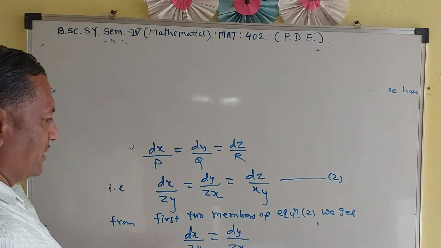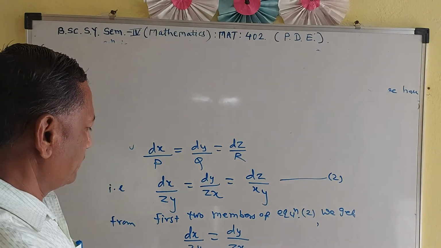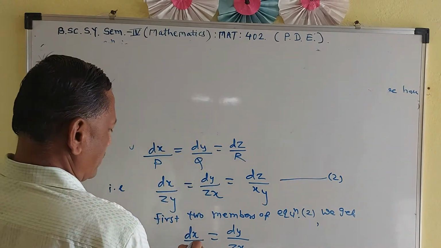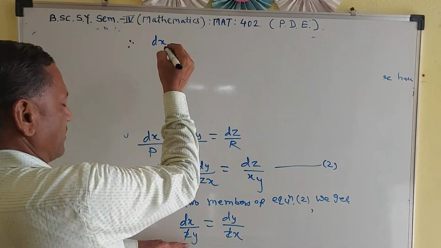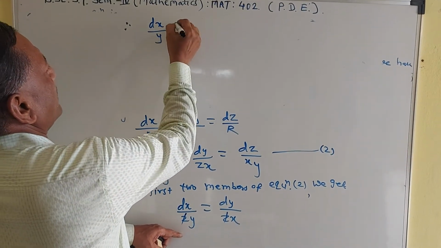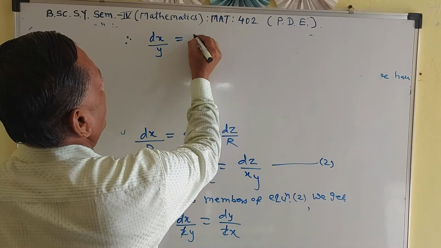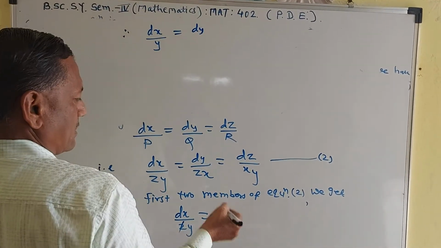Now here you see that z is on both sides, so z cancels. Therefore, dx upon y is equal to dy upon x.